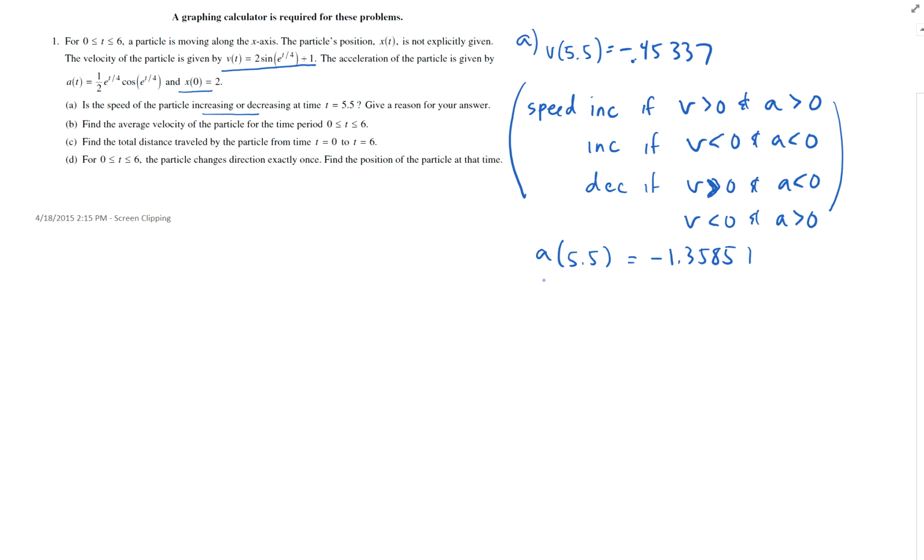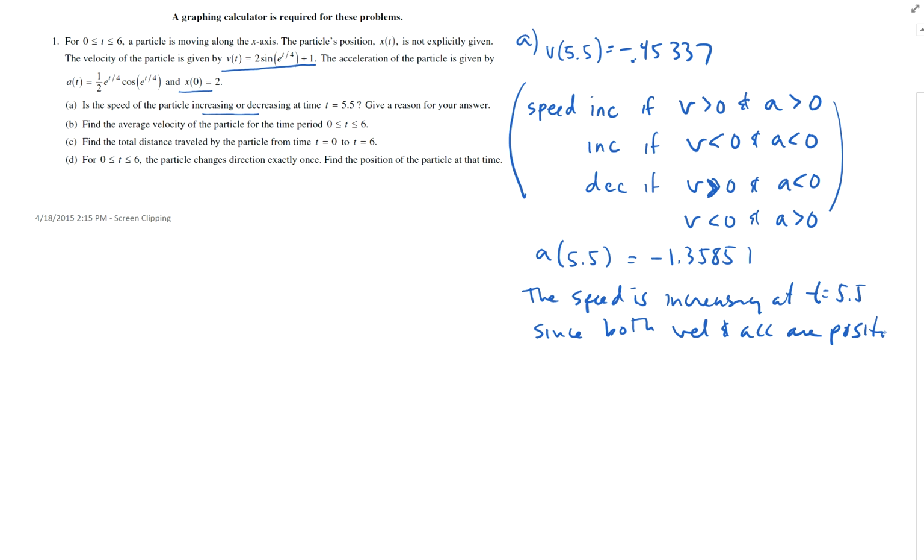And so your argument is the speed is increasing at time equal 5.5 since both velocity and acceleration are negative at that moment, or at that time. Okay, and that's all you need.